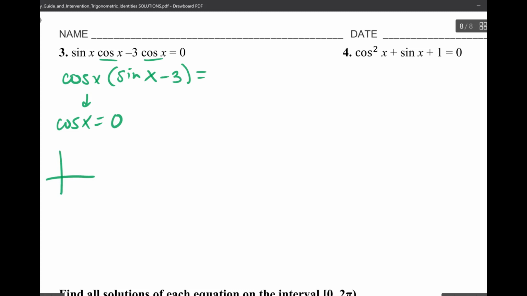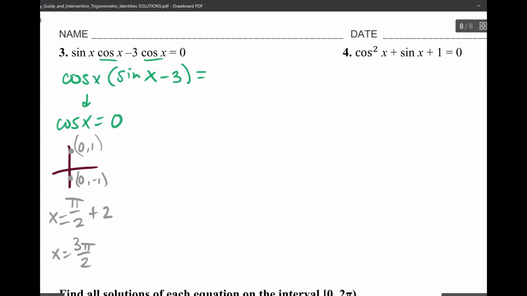Well, let's see. Oops. Where is cosine equal to 0? Cosine's x. So 0, 1, and 0, -1. So I have pi over 2 and 3 pi over 2, plus 2 pi n, plus 2 pi n.